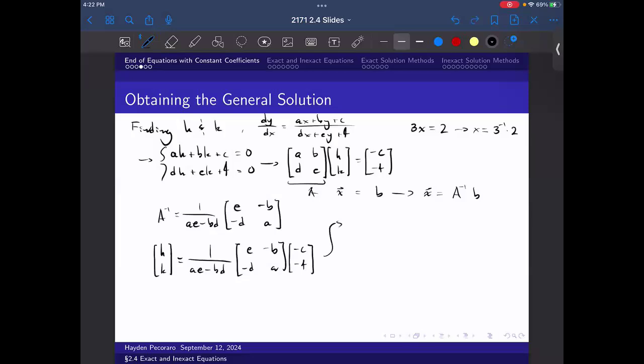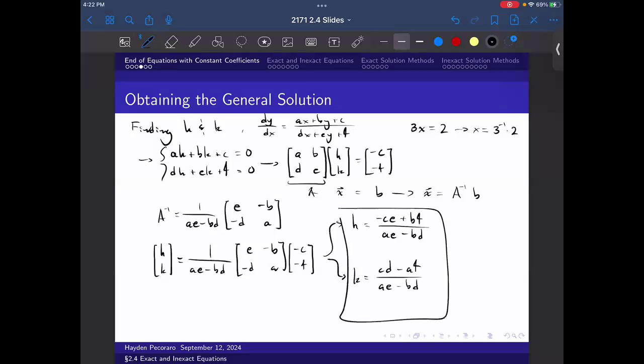When we multiply all of that out using matrix multiplication, we get that h is (minus CE plus BF) over (AE minus BD), and k ends up being (CD minus AF) over (AE minus BD).